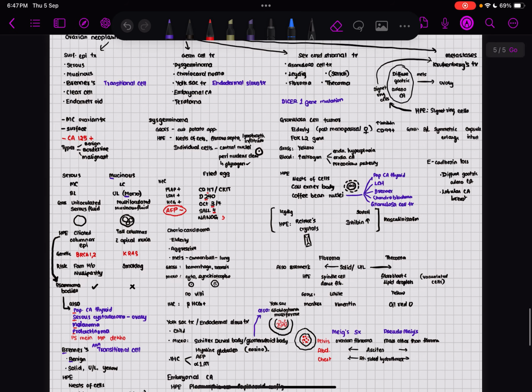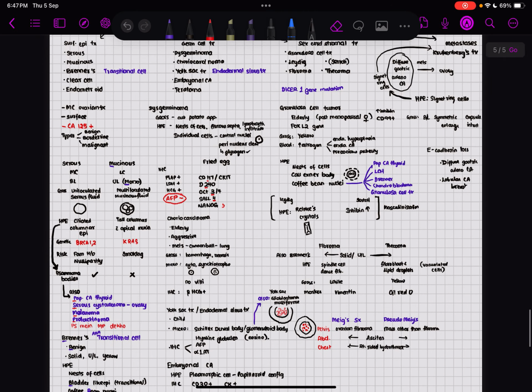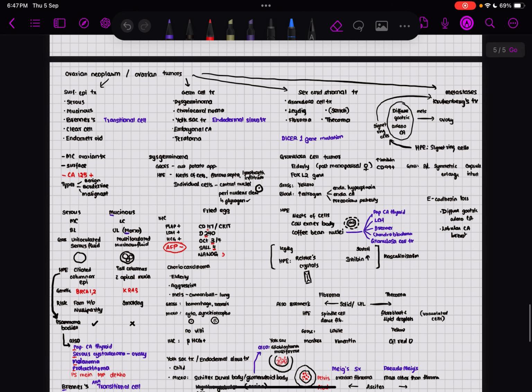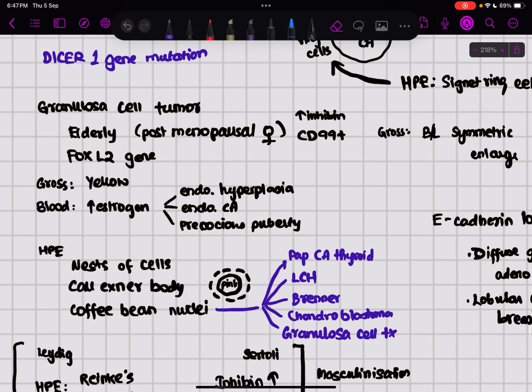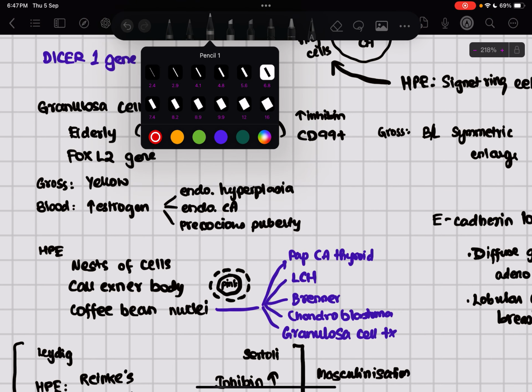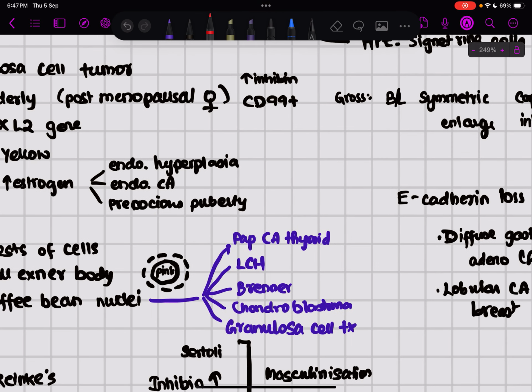Now let us see the story before looking at the combination tumors. The story for granulosa cell tumor is that a 99-year-old granny became hormonal.